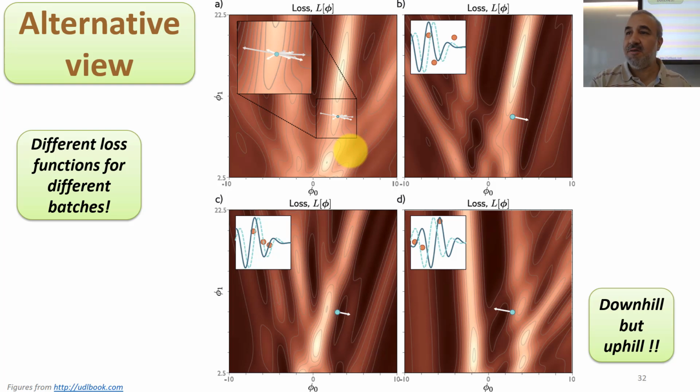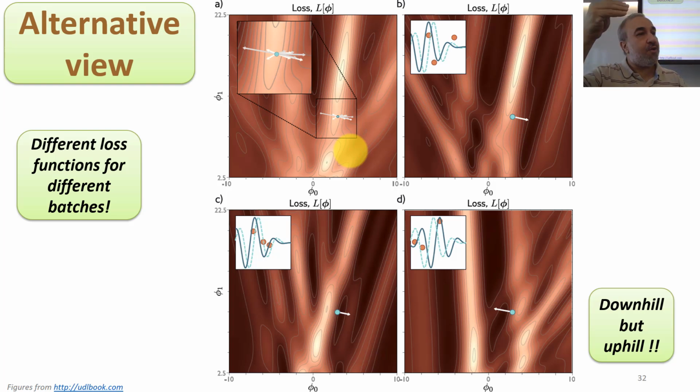Did you get the point here? The point is that based on the batch, we are actually minimizing a different loss function. So we might go in a good direction with respect to the original, or a bad direction. But eventually, because we are doing that over the entire training data, the expected direction is the original direction.